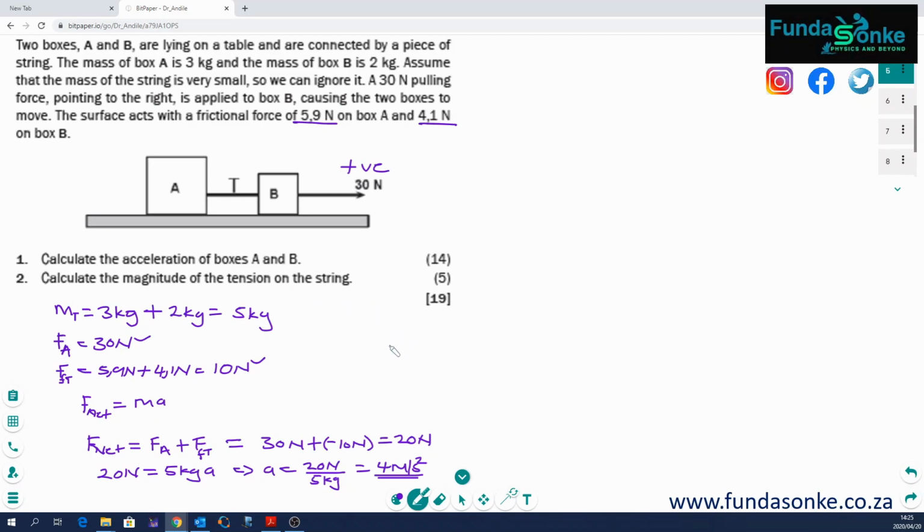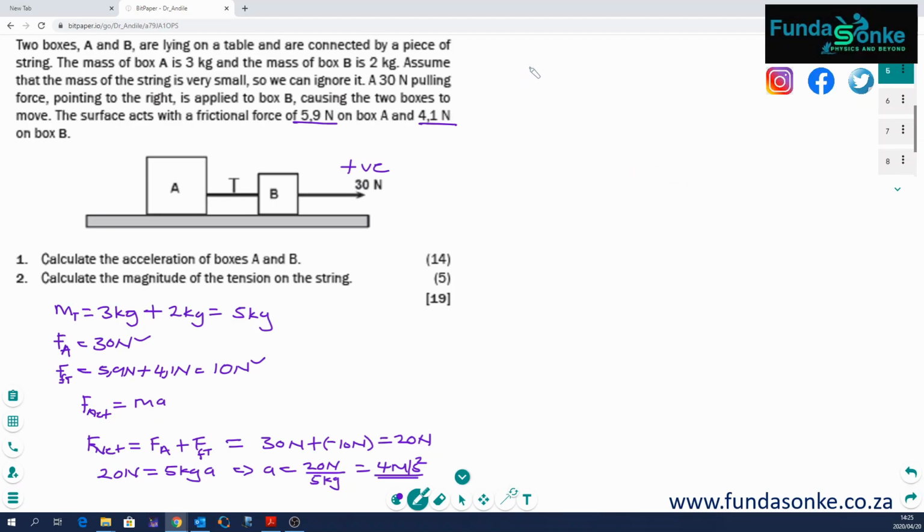Then part 2, they want us to calculate the magnitude of the tension on the string. So we can do this by considering the two boxes as individual.